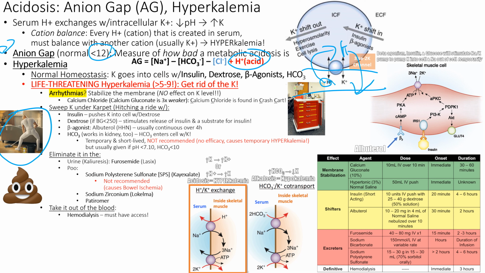So here's our basic illustration of how that works. K goes in when glucose goes in, and also when insulin goes in, and also when you attach to a beta receptor. All those things will put potassium from the serum into the cell. So how does that specifically work? Like insulin, right? It attaches to the cell, lets glucose in, and who hitches the ride?